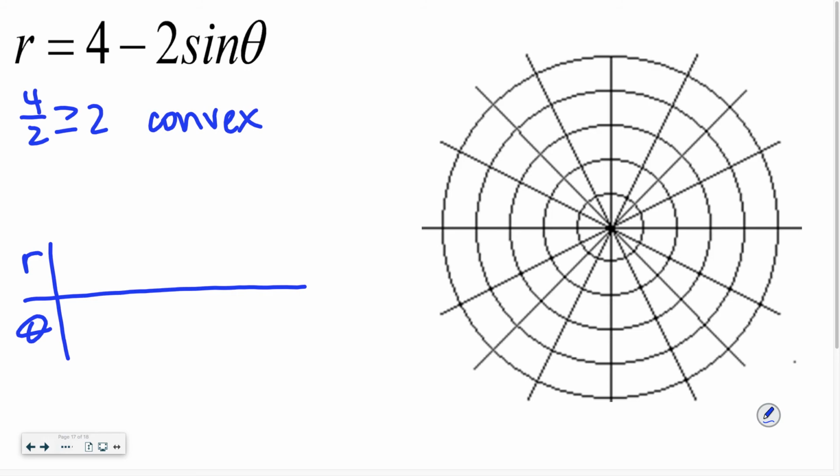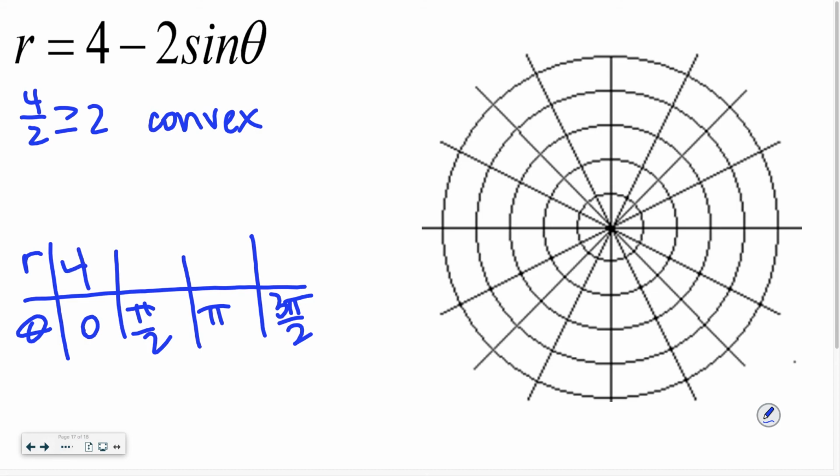Now, for a limaçon, plug in the quadrantal angles and you'll be good. So if we plug in 0, 4 minus 2 sine of 0 equals 4. At pi over 2, this would equal 2.